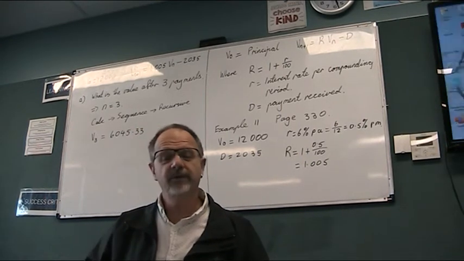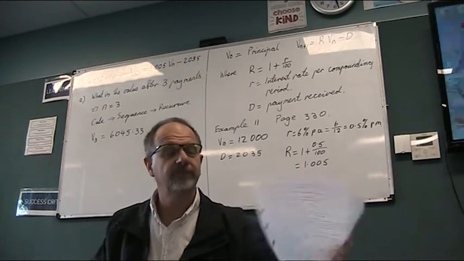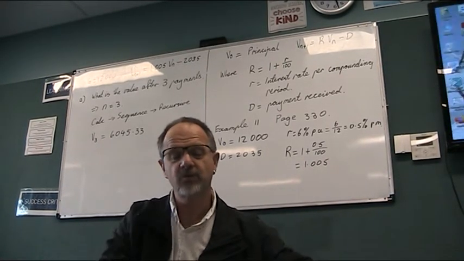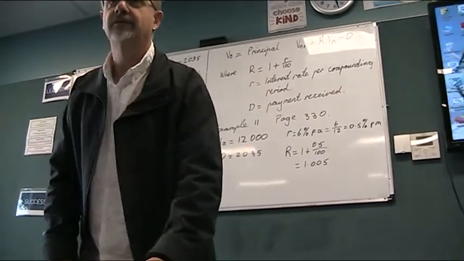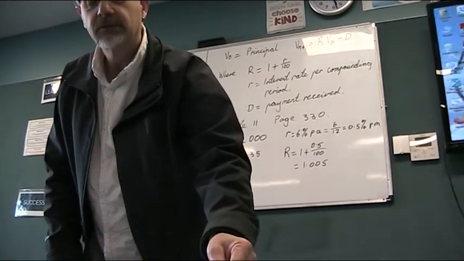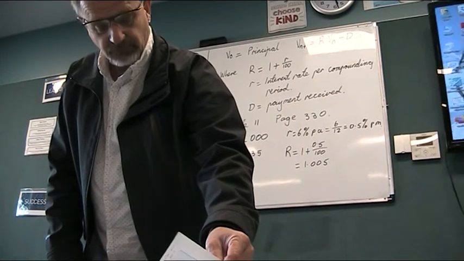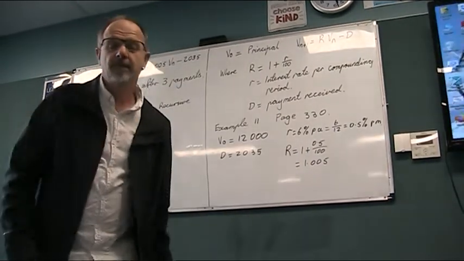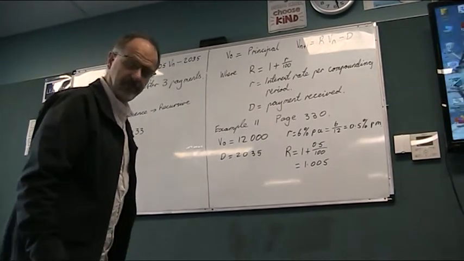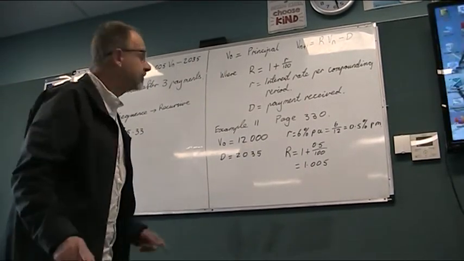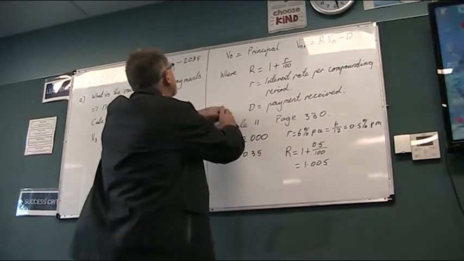So that's how we would use our recurrence relation, but we can also use our financial solver. So let's have a look at an example where we would use the financial solver.